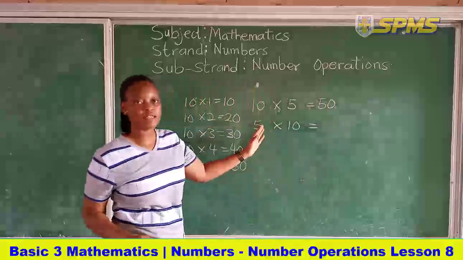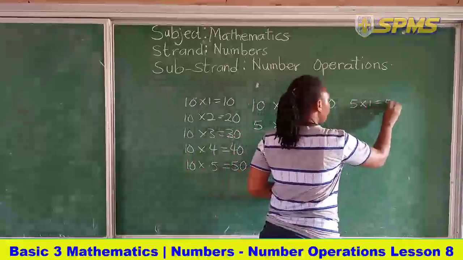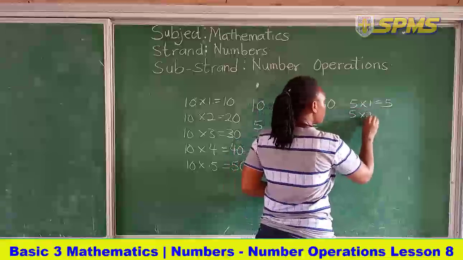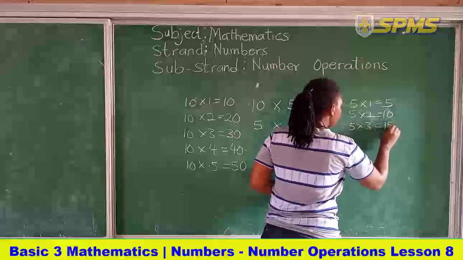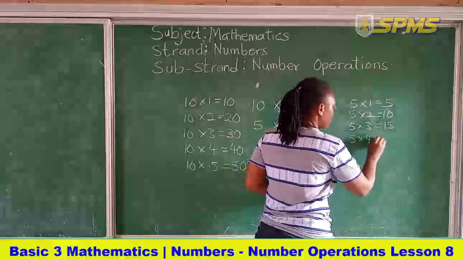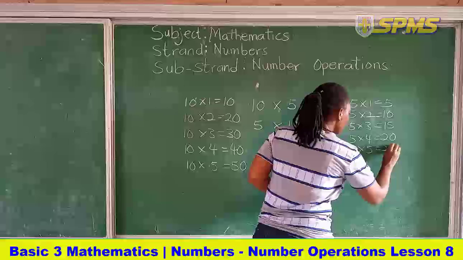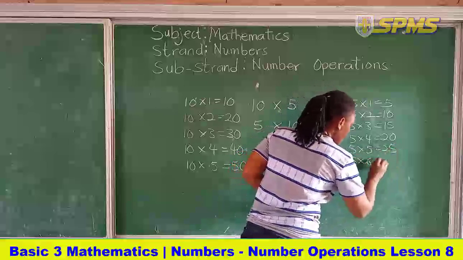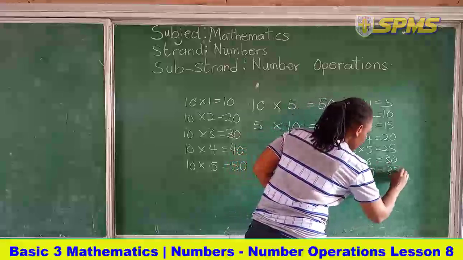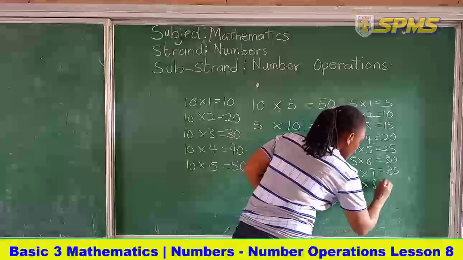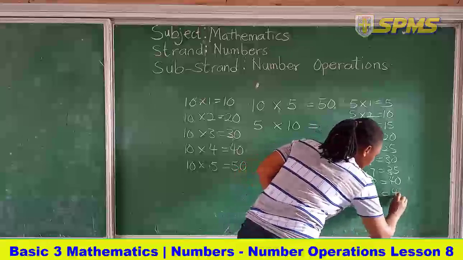Good. Now let us look at the 5 times table. 5 times 1, we have 5. 5 times 2, 10. 5 times 3, we have 15. 5 times 4, 20. 5 times 5, we have 25. 5 times 6, 30. 5 times 7, 35. 5 times 8, we have 40. 5 times 9, 45.